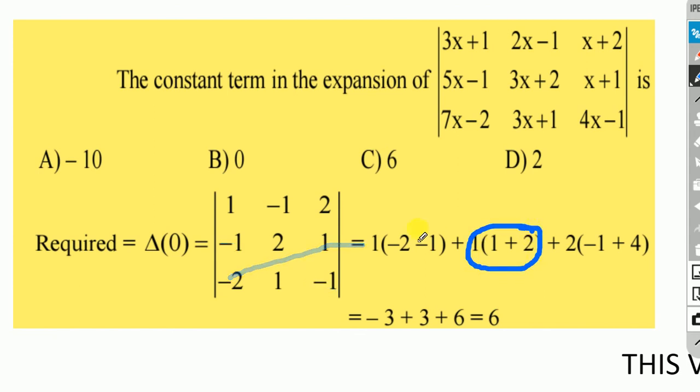So 1 plus 2 is 3, and finally I have plus 2 here, minus 1 into 1 minus 1, minus 2 into 2 is minus 4, I have a minus sign here, so this becomes plus 4. So minus 2 minus 1 is minus 3, here 3, and 4 minus 1 is 3, 3 into 2 is 6. So 3 will be eliminated and I have 6 here. So option C is the right answer for this question.